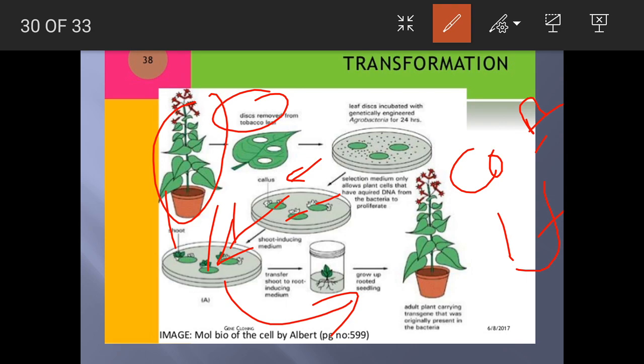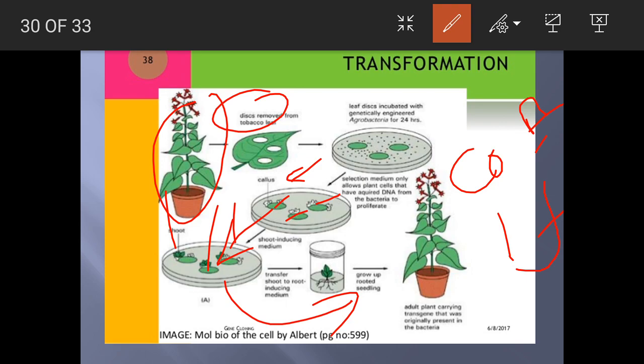Later we need to isolate the leaves, isolate the DNA of the plant, and go for the PCR confirmation. With the help of the polymerase chain reaction, we can find whether the gene that was present in the tDNA region of the Agrobacterium has been transformed into the plant or not.